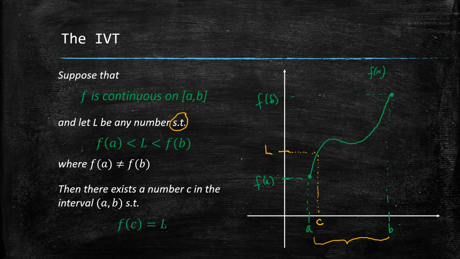So that's the statement of the IVT. Once again, to reinforce, notice that it does not guarantee a value outside of this. If my L was not in the interval between f(a) and f(b), there's no guarantee that my function ever reached that value. It could have, but we don't know for sure.